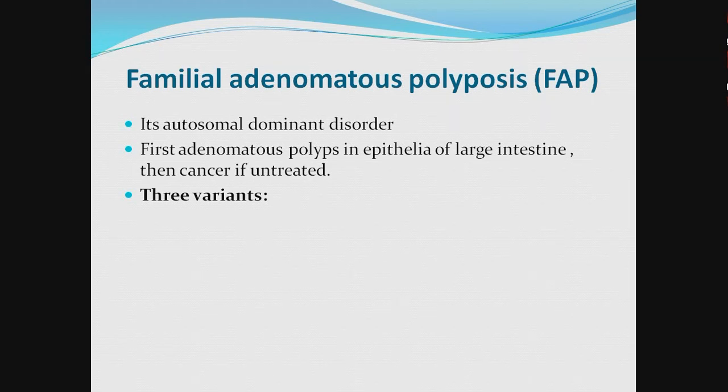Autosomal means that the mutation is found in the somatic cell, and dominant means only one gene, the dominant gene. If this gene has changed or mutated, this will develop into cancer.